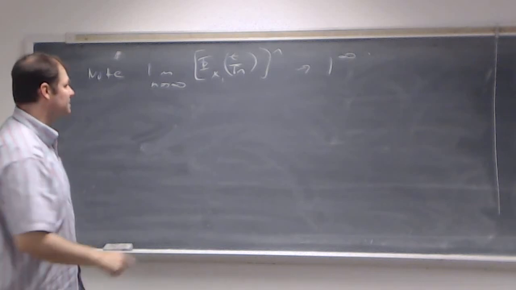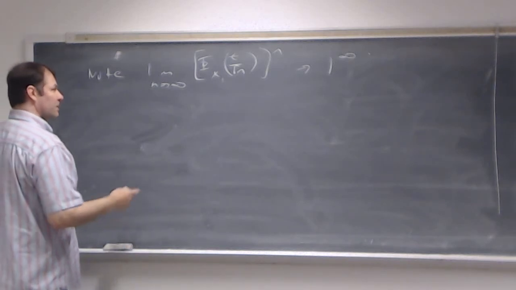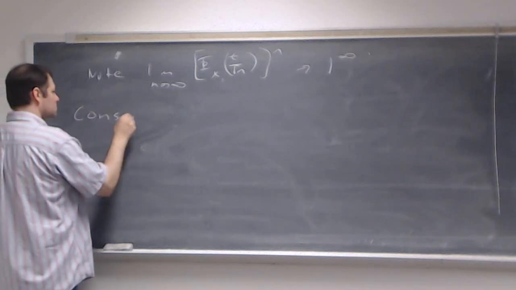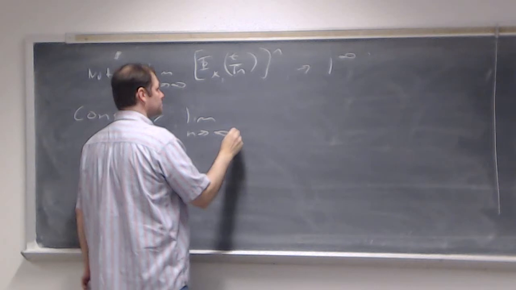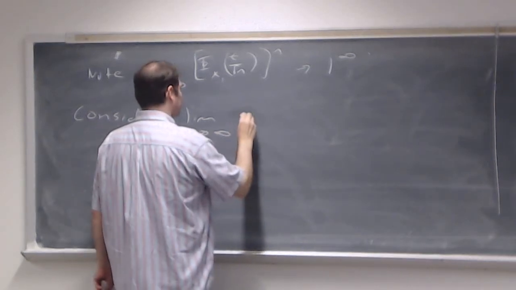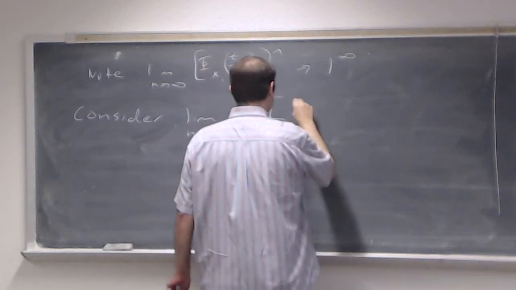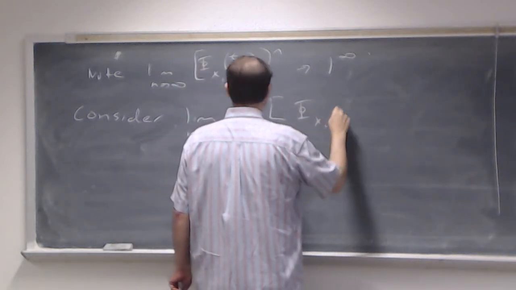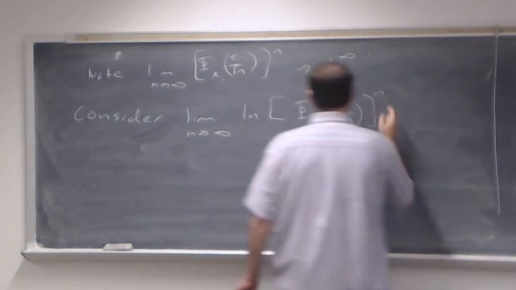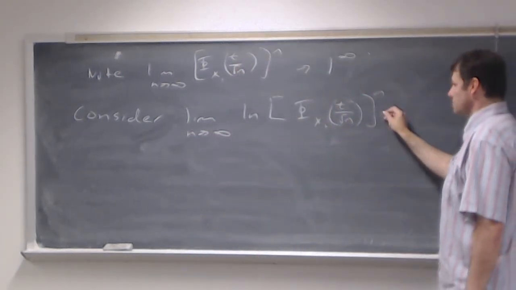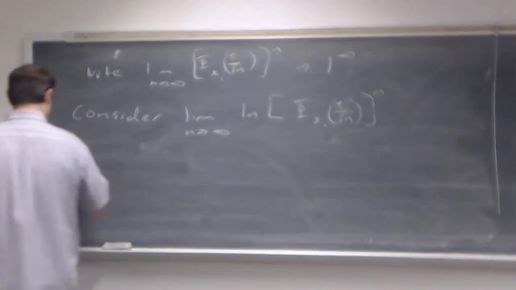And so in order to get ourselves into the L'Hopital's rule situation, we consider the limit as n goes to infinity of ln of this quantity. And that allows us to bring that n down. So I'll say that.